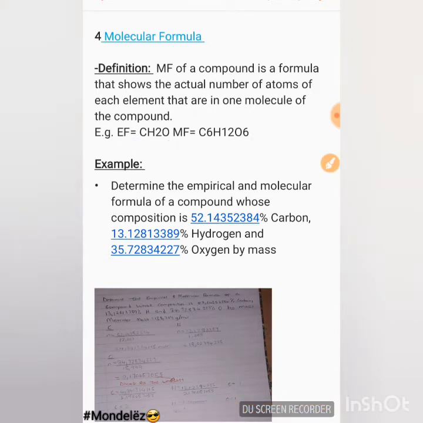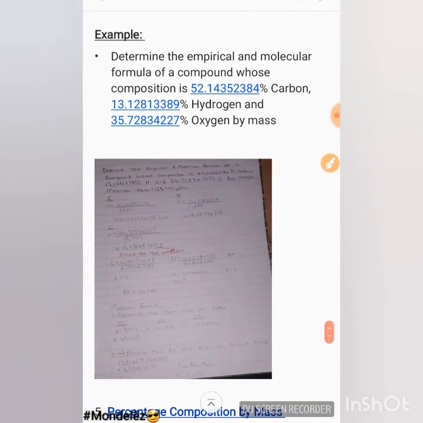All right. An example there is: determine the empirical and molecular formula of a compound whose composition is 52.14% carbon, and that of hydrogen and oxygen, by mass. So it says by mass, so we can convert all those percentages to grams.